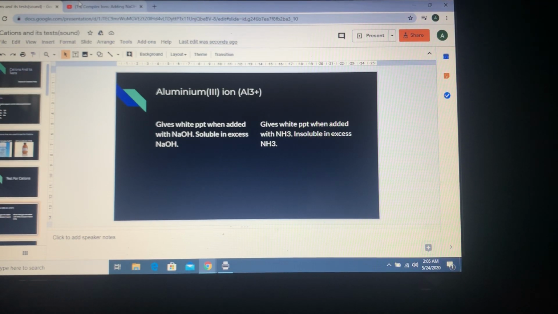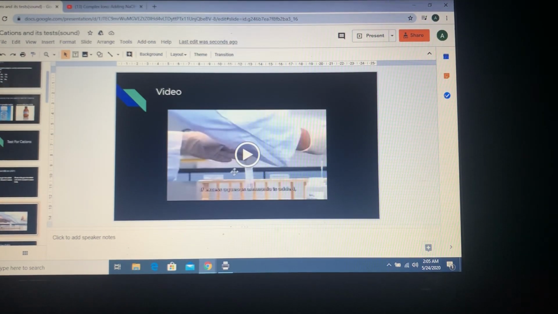When you add aqueous ammonia to the solution containing Al3+, it will produce a white PPT, and it will not dissolve in excess NH3. So let's look at the video here.